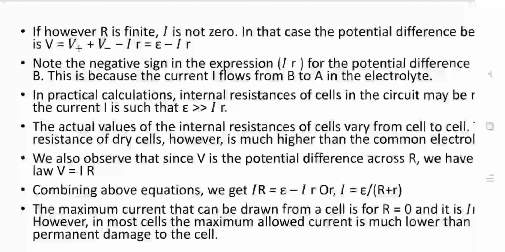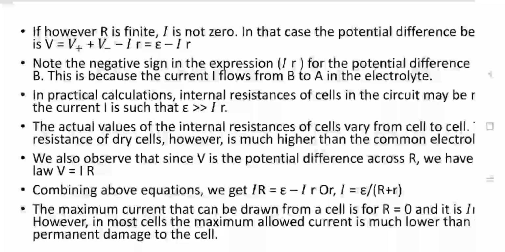We have observed three cases. One, when resistance is maximum. Second, when resistance is finite. Third, when resistance is 0, meaning a short circuit path is available. At that time R is 0, so the maximum current is available as I equals epsilon by r. So when my resistance is infinite, my current is 0 and my potential difference is maximum. But when my resistance is 0, my potential difference is almost 0 and the current flowing is maximum.